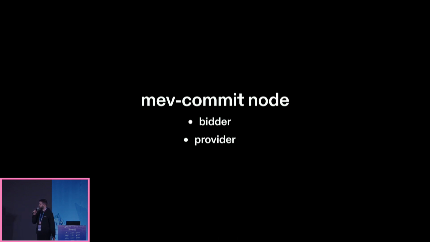What's different about the MEV commit node compared to traditional blockchain nodes is that it's different per your role in the network. So if you're a bidder and you're bidding for pre-confirmations, you run a bidder node, and that's all you deal with. And if you're a provider of execution services, you run a provider node, and then that might hook into your other infrastructure and your decisioning engines, et cetera, where you can issue these credible commitments in real time.